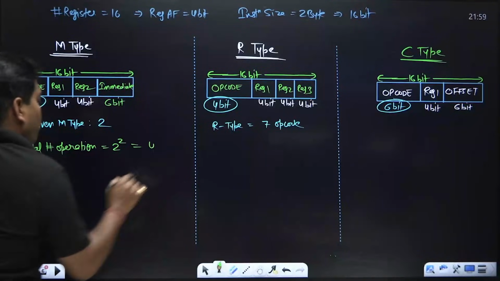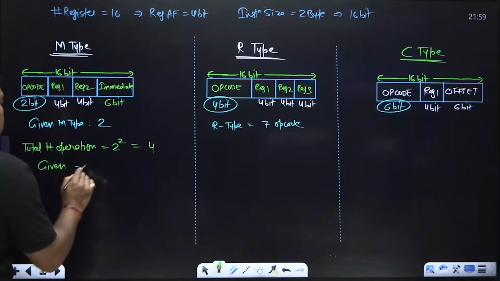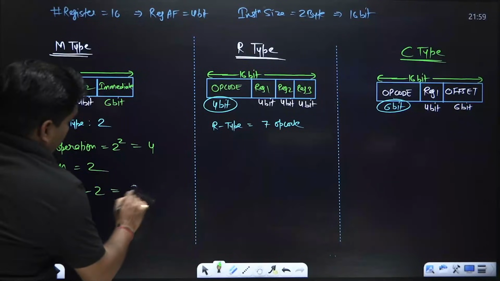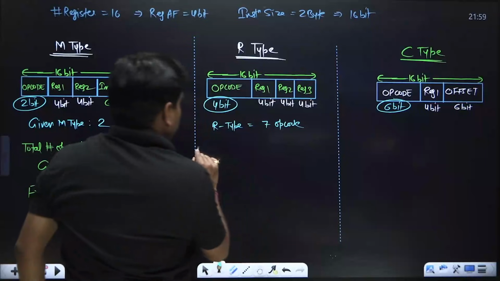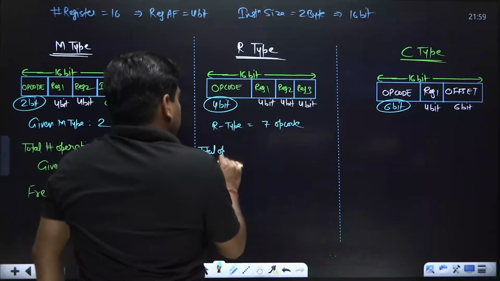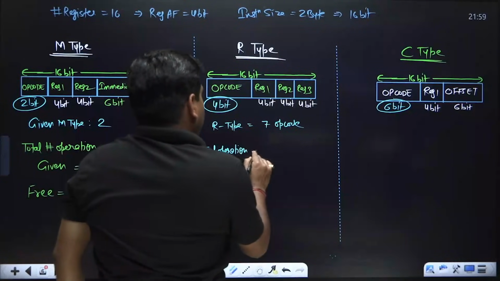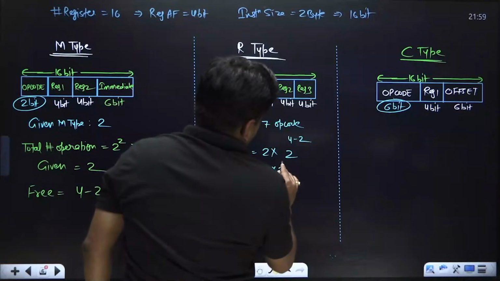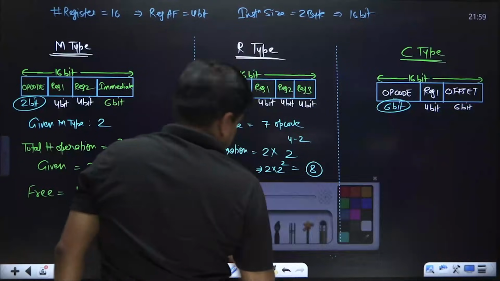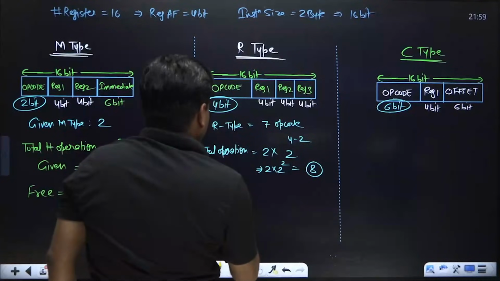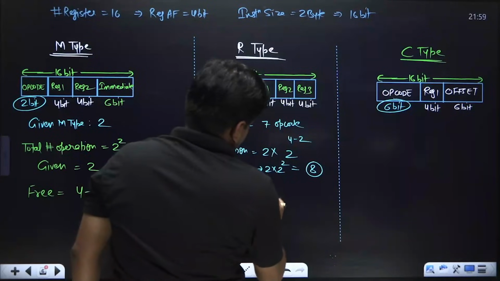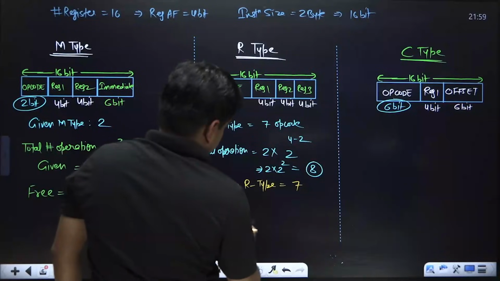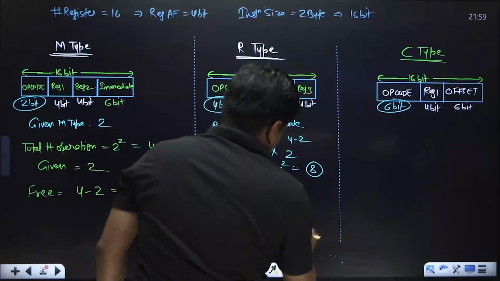2 raised to power 2, 4. Given is how much? 2. Free is how much available? 4 minus 2, 2. So here total operation, free opcode multiply by 2 raised to power increment bit in opcode, and given is available 7, given R type 7, then how much free? 8 minus 7, 1.